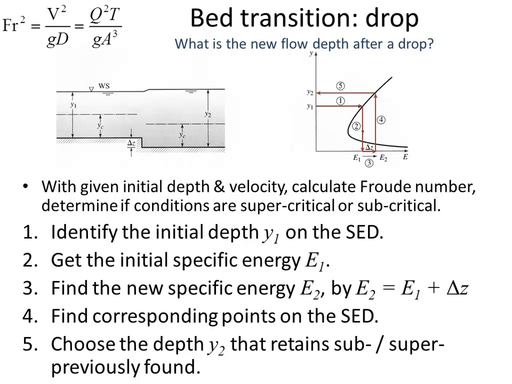But I just wanted to show you that if E2 is E1 plus delta Z, then E1 is E2 minus delta Z.